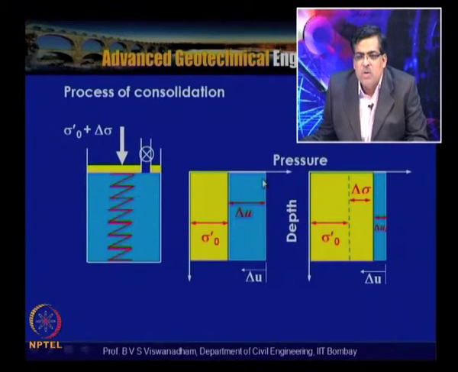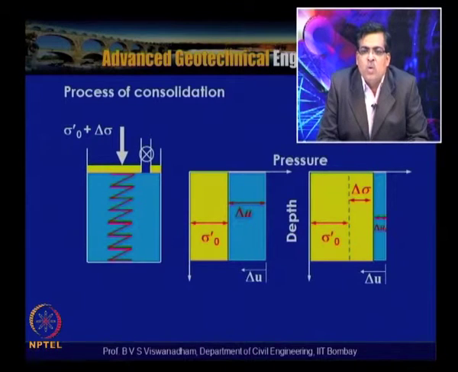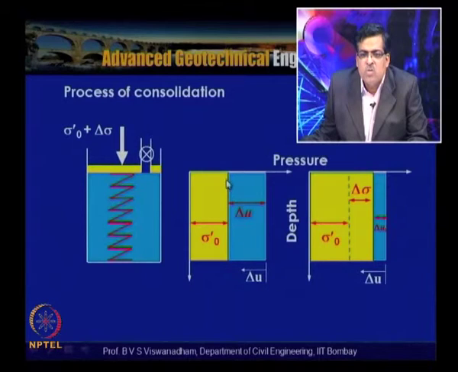In this case, the variation of the pore water pressure with time and with depth is also called the isochrone. At time t equal to 0, when the pressure is instantaneously applied, this is called the first isochrone. As the pore water pressure dissipates, that is as the water leaks out of the cylinder, the isochrones migrate, and this is called the final isochrone.